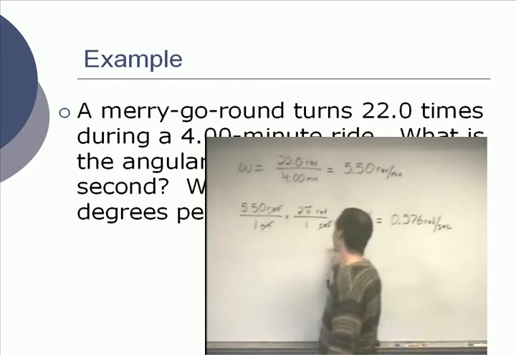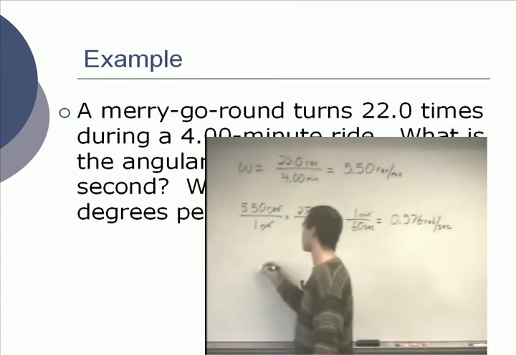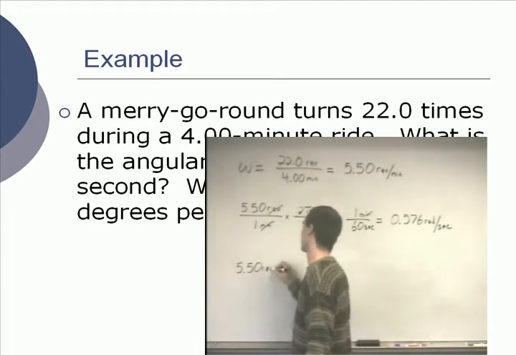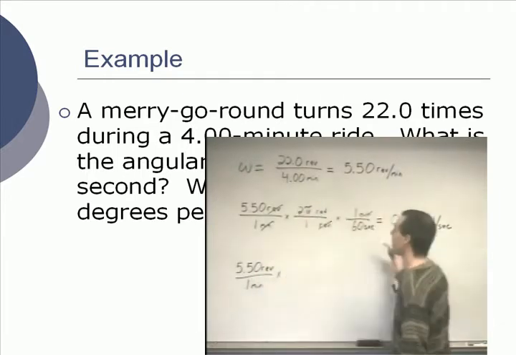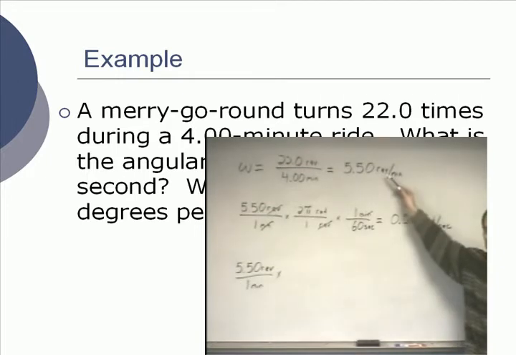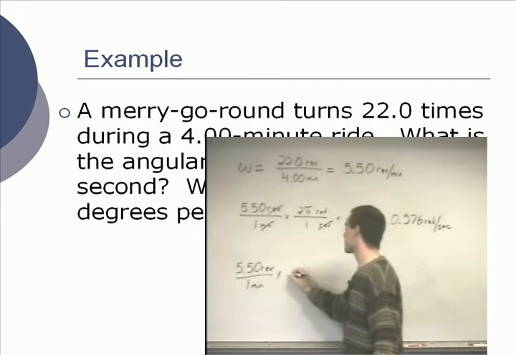Okay, let's go one more step here, and let's go into degrees per second. We wouldn't have to, but I'm going to go back and use the 5.50 revolutions per minute. That worked out exactly. This other one we had to round off, so we'll go back to the value that we had exactly.